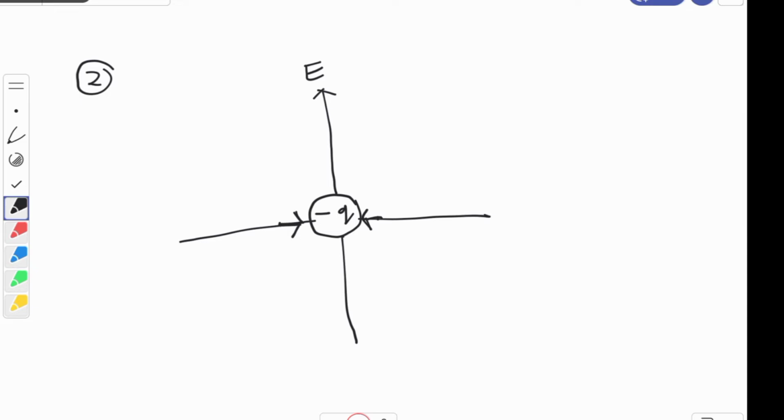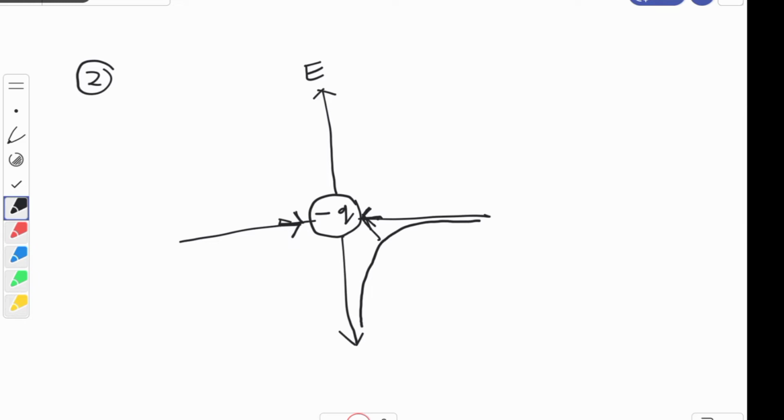Now we'll try to find where the electric field is maximum and where it is minimum, so that we can plot the graph. When the electric field is towards left, that means it will be in the negative y-axis. Clear, children? It will be the negative y-axis, and just near to the charge, your electric field will be maximum, and as the distance increases, your electric field decreases. Clear now?